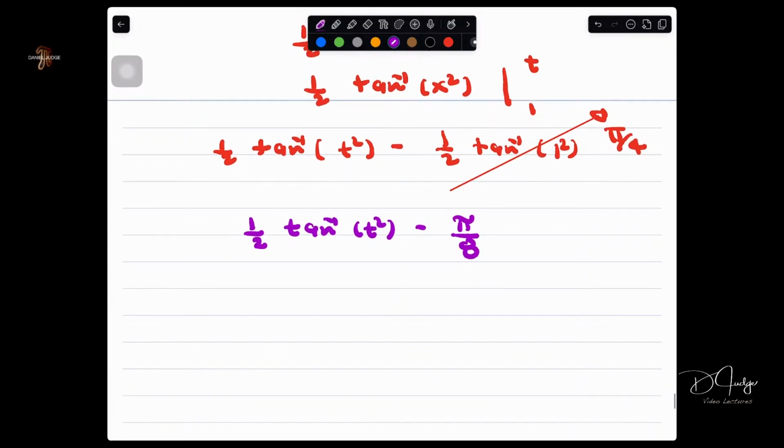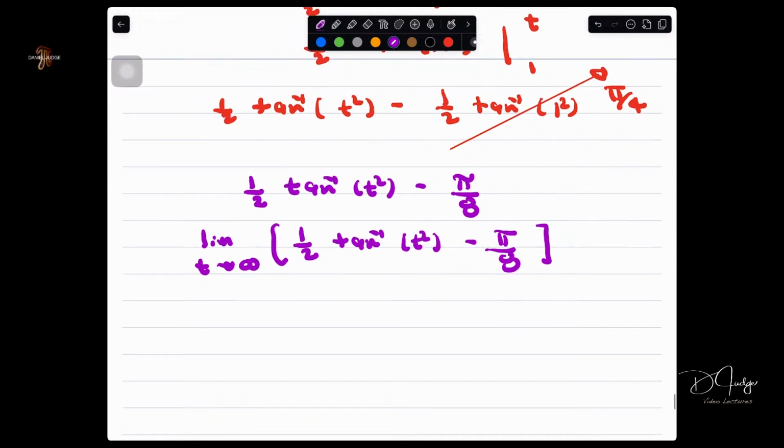All right, now we have to take the limit here. This is an improper integral. As t goes to infinity of 1/2 inverse tangent t squared minus pi over 8.